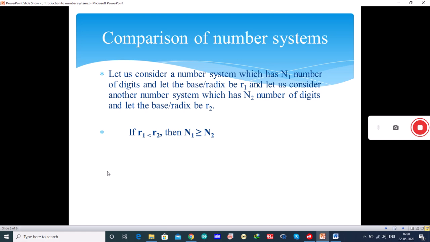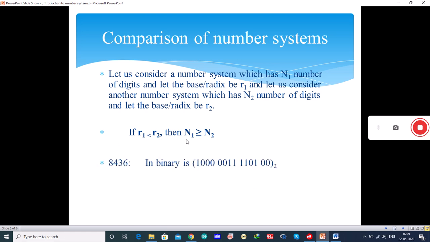If R1 is less than R2, it is very important to note that N1 will be greater than N2. That is, when the base increases, the digits required to represent the quantity decrease, and vice versa. Here you can see an equal symbol also, that is, whenever the base decreases, the number of digits representing the quantity increases, or sometimes it may be equal. We'll see this with an example.